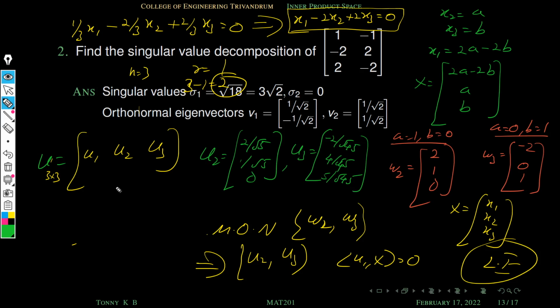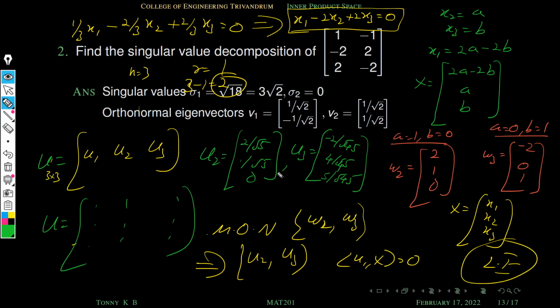Now we are ready to write our U. U1 is already available, so you write u1, this is our u2, and this is our u3. Now everything is clear: U, sigma, and V. So you can write the singular value decomposition of this matrix.